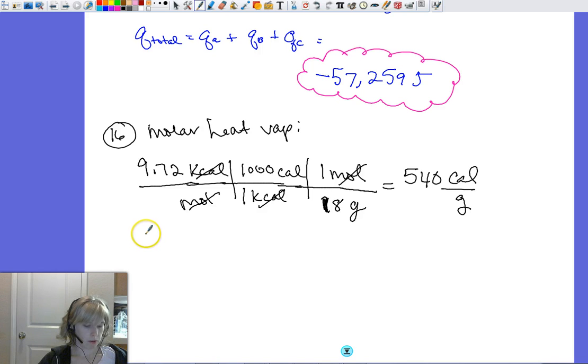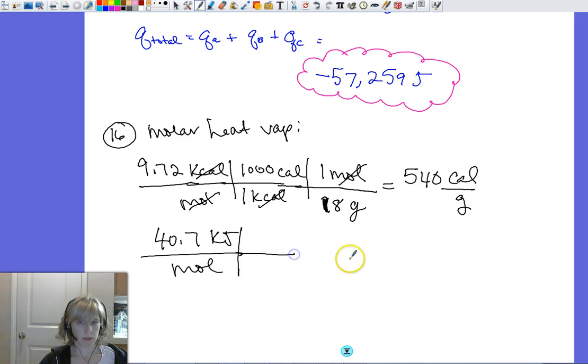Now we do the same thing with our 40.7 kilojoules per mole. So same process, and they want you to get joules per mole. So you just need to convert here kilojoules to joules. So once you find that conversion factor, you'll get joules per mole. I'm going to leave that one for you guys to do.